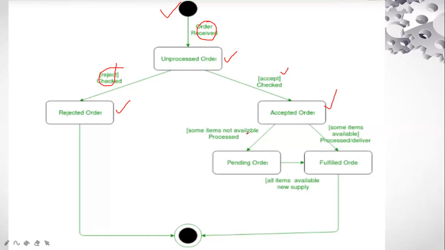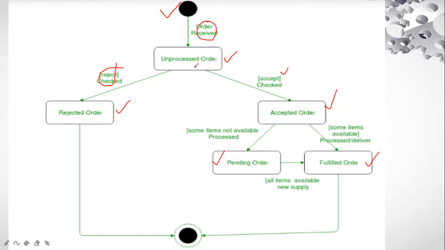Now, some items are not available to be processed right now, so it cannot be immediately processed. So it can be converted to the state change, that is pending order. Here, if all the items are available and we can deliver it, we deliver it, so it is called the fulfilled order. So you can see the state of the order is changing from time to time, and this is our main focus.